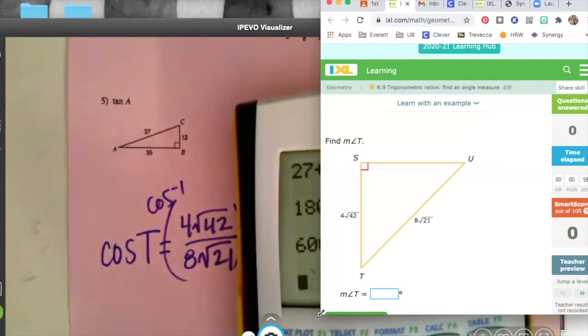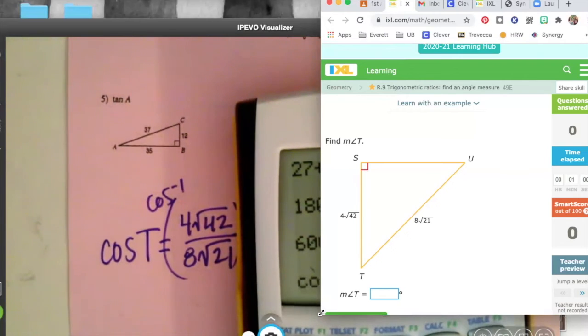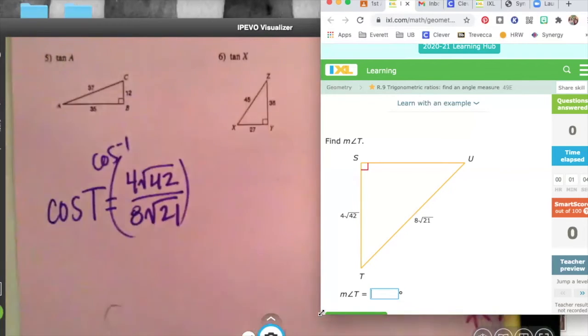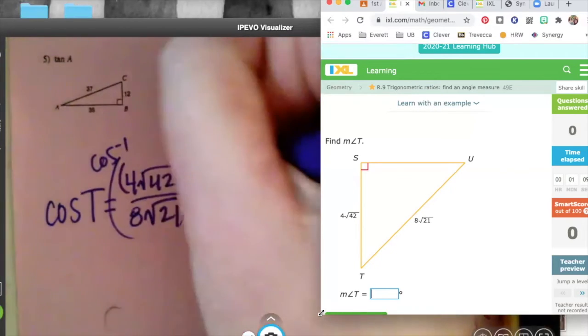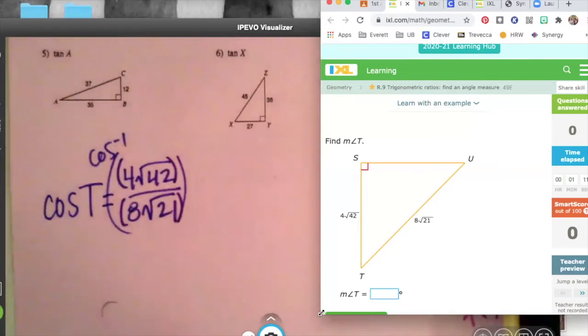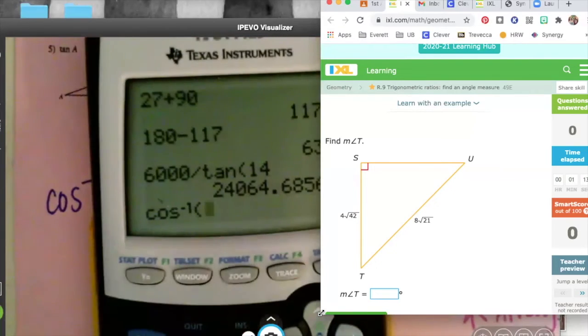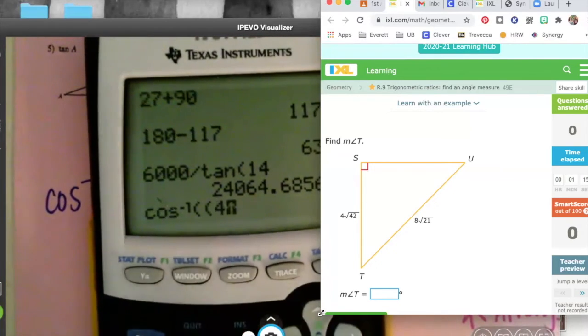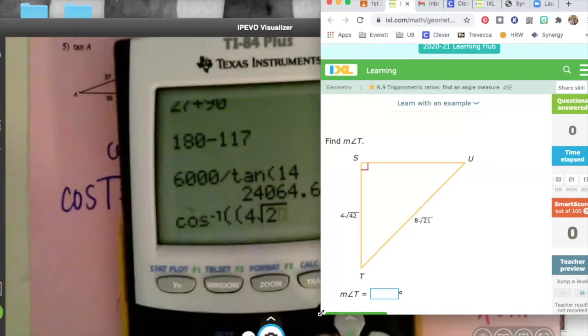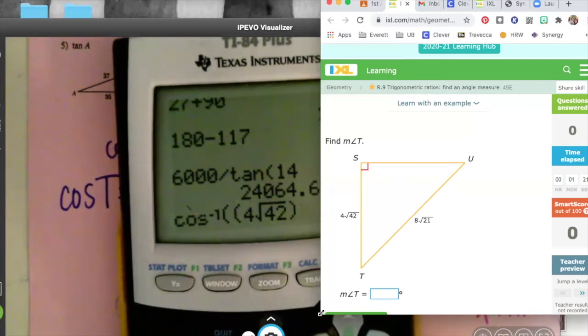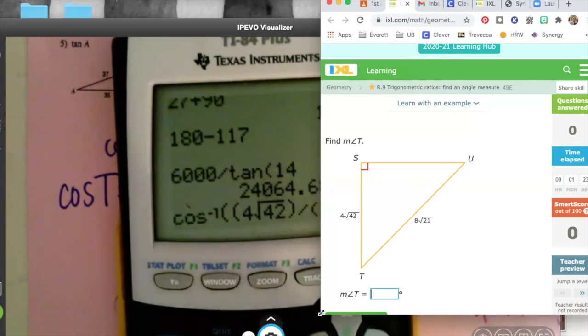Inverse cosine. Your calculator will do the little fraction bars for you where you can set it up to look exactly like that. And that's what I recommend. If you're doing it like I'm doing it, I need parentheses around both of those. So I'm going to do parentheses for my top, 42's on the top. And then more parentheses for the bottom.